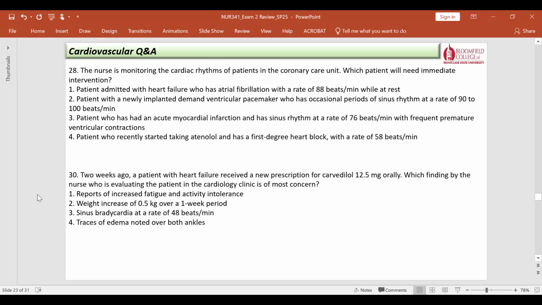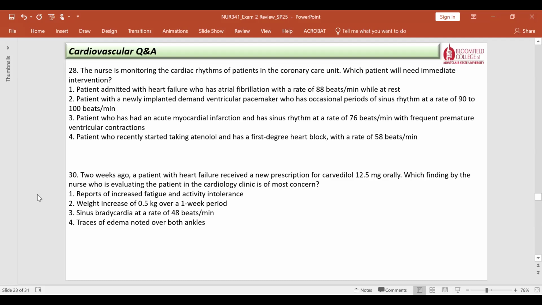So increased fatigue, activity intolerance, weight gain, and edema are not indications to discontinue the drug at this time. The heart rate of 48 indicates a need to decrease the carvedilol dose. That's the only indication to decrease the dosage, which is the bradycardia, 48.